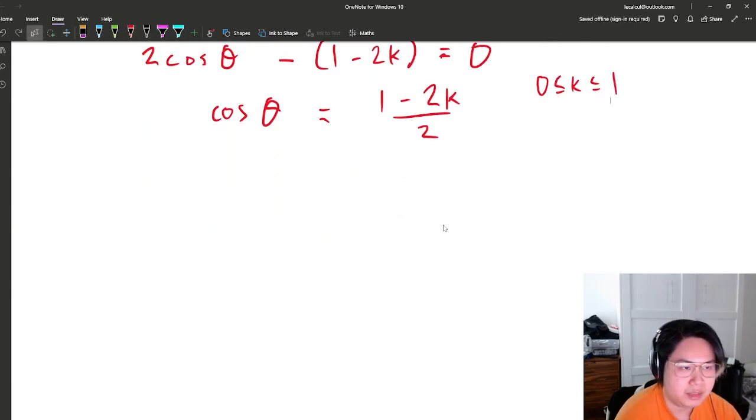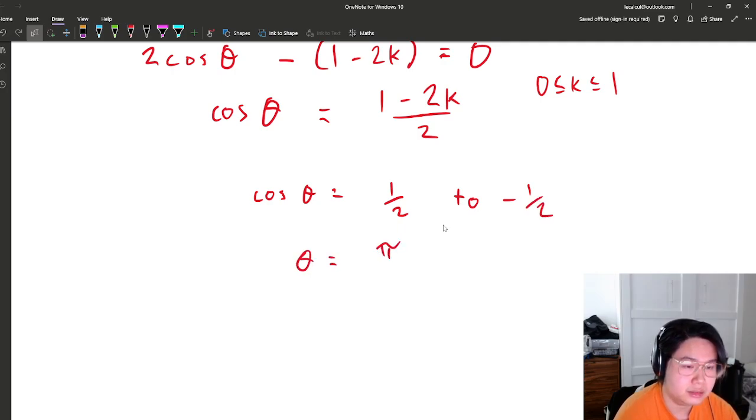So that means that cosine theta can be between, when k is 0, 1/2, to when k is 1, which would be -1/2. So theta is from pi over 3 to an obtuse angle, 2 pi over 3.